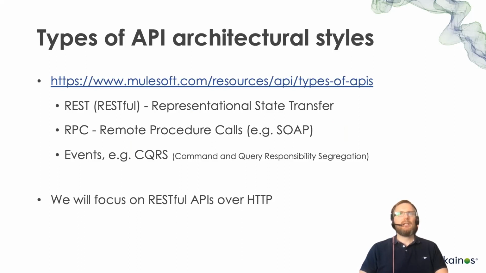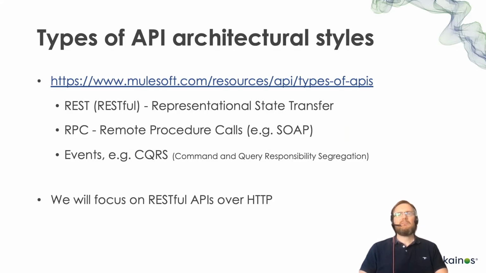So the APIs can be divided based on their architectural styles. The most common one is REST or RESTful, which stands for Representational State Transfer. This type of API is using a stateless protocol to transfer the data.